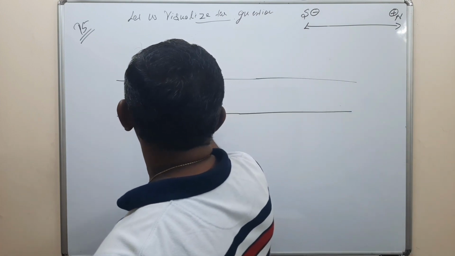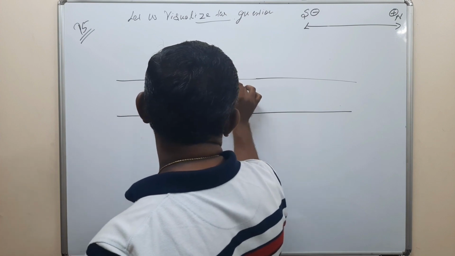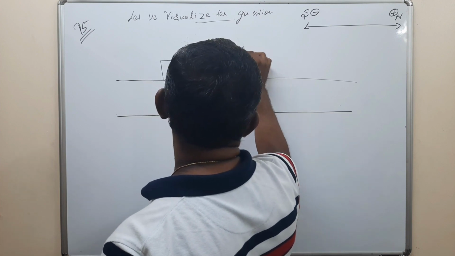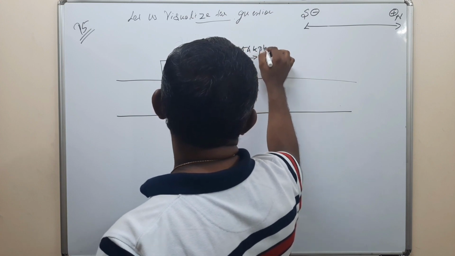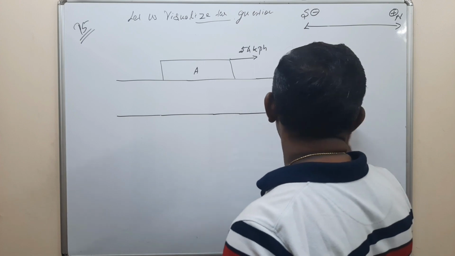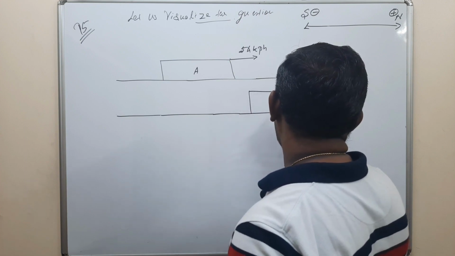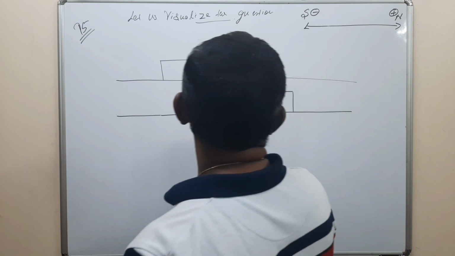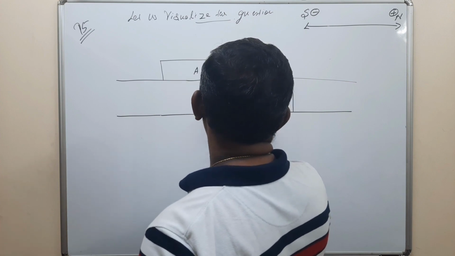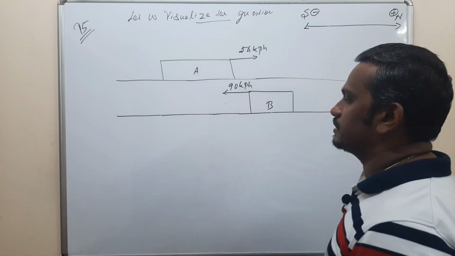So two trains. This one is moving with 54 kph. Another train on the same parallel track, B, is moving in the southward direction with 90 kph.